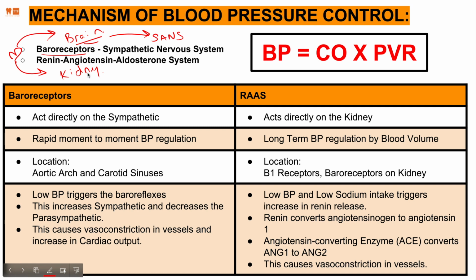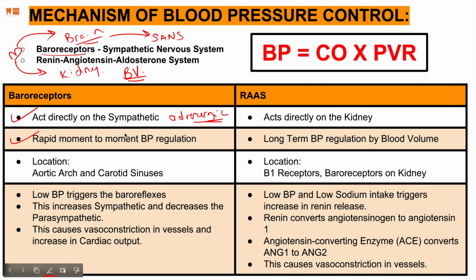The renin-angiotensin-aldosterone system works through the kidney. Lots of this has to do with blood volume that leaves our body. So we'll get into extreme detail about it, so hang in there with me. Baroreceptors act directly on the sympathetic nervous system. And again, sympathetic is adrenergic, right? A lot to do with increase or decrease in blood pressure.